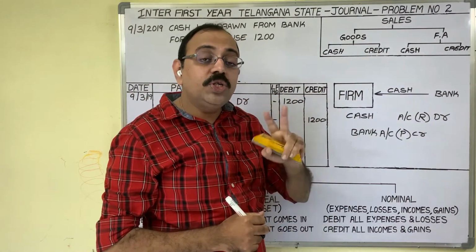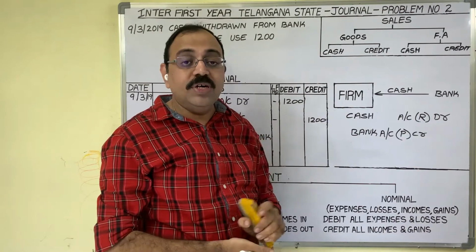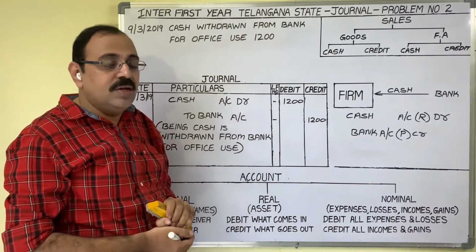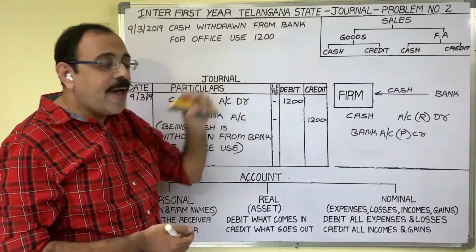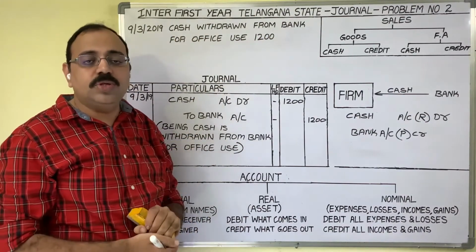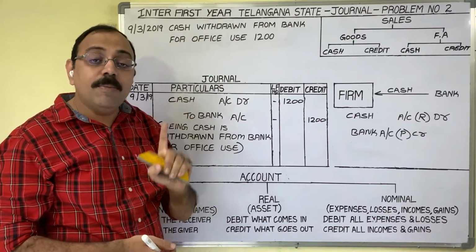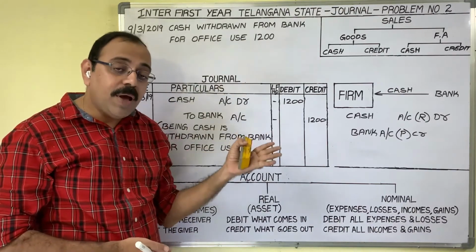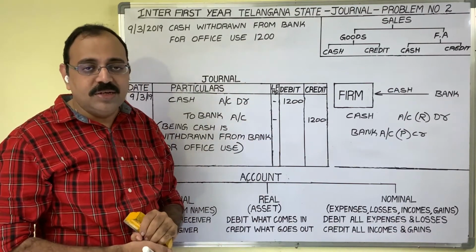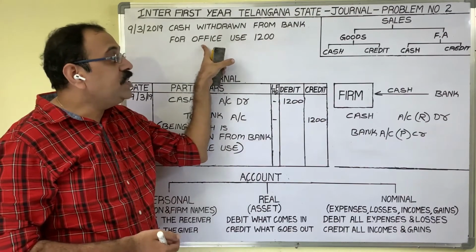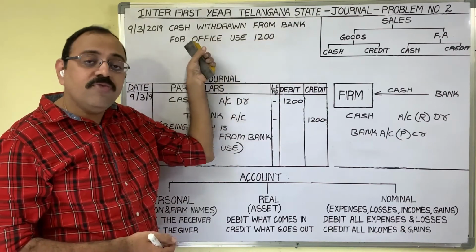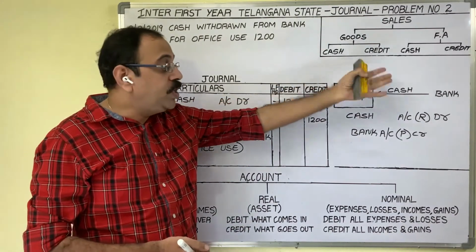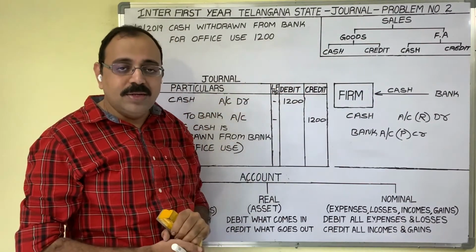If the owner is withdrawing money from bank for his personal use, it will be clearly given in the question: cash withdrawn from bank for personal use, cash withdrawn from bank for domestic use. Then you should analyze the transaction in another manner. But here cash is withdrawn from bank for office use, means for business purpose we withdraw money from bank.